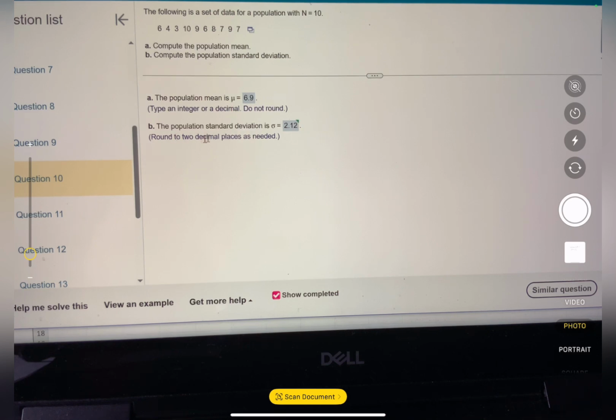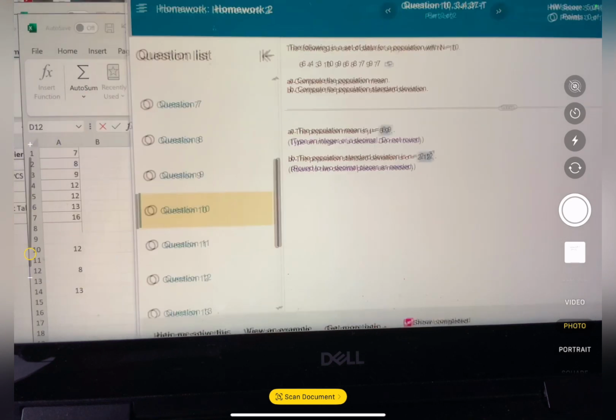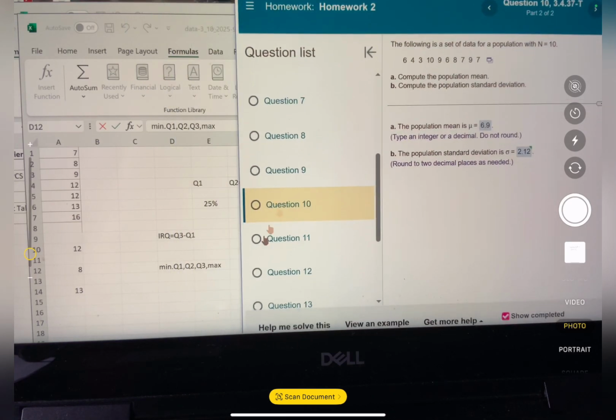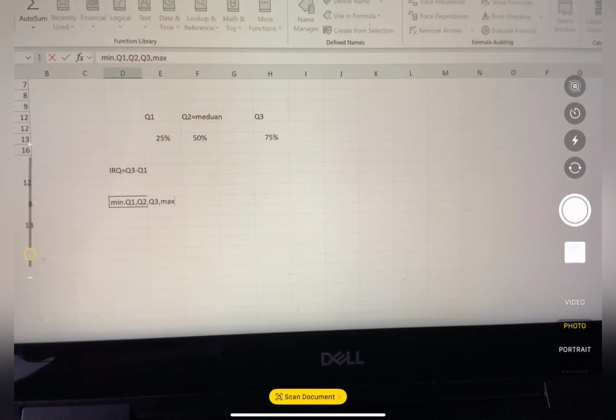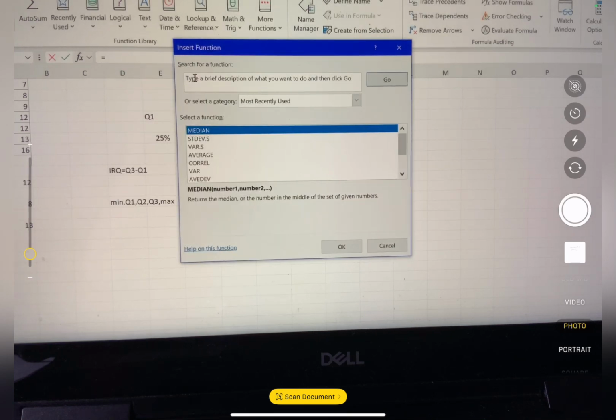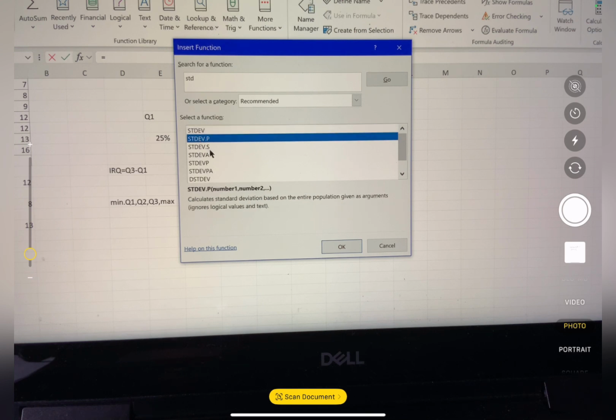And then standard deviation. In the case of standard deviation, this is interesting. Let me show you. Insert function, standard deviation, STDEV. Okay, in this case, instead of .S we're going to get .P because it says population: standard deviation based on the entire population.